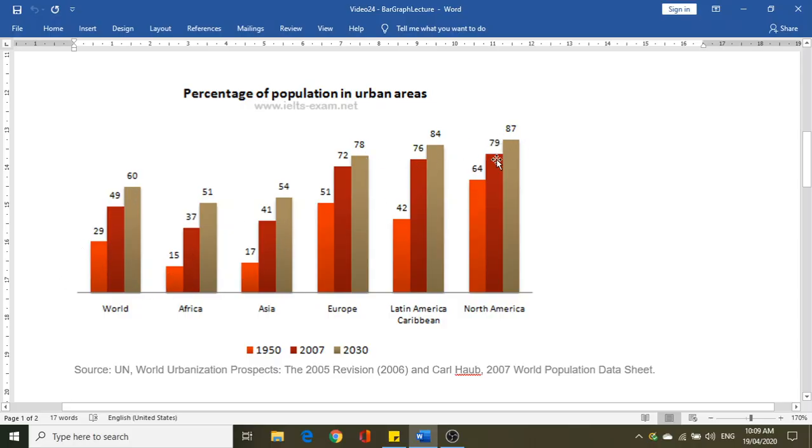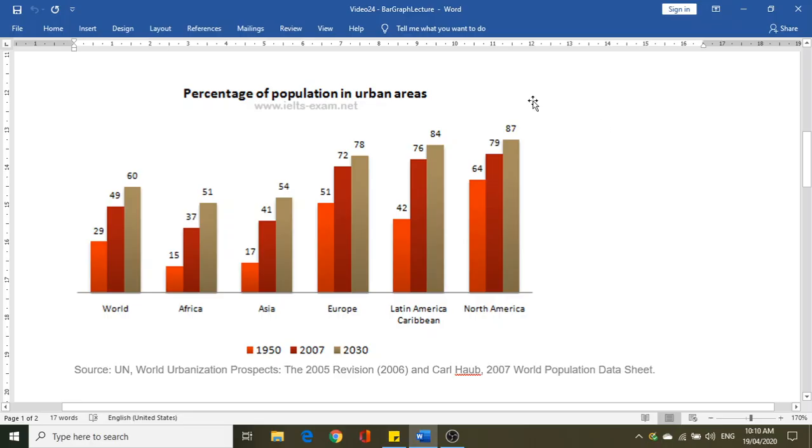So whatever these figures mean, at the very least, we can see that everything is trending upwards. And that generally now forms the overview statement. We can see that all the figures reveal an increasing upward trend.